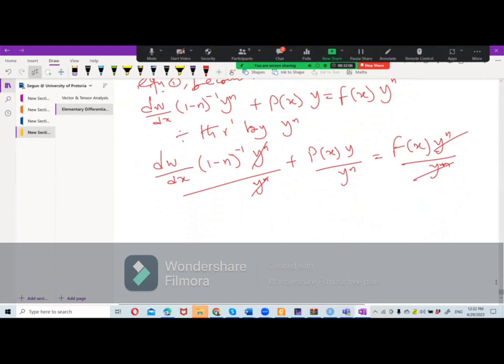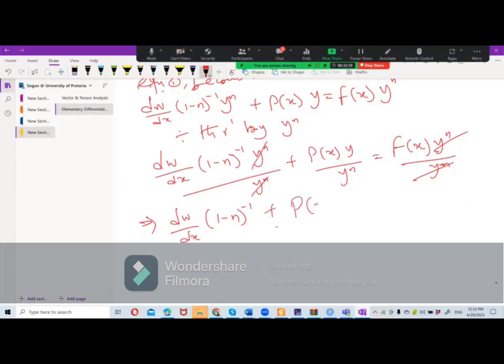So what is remaining there is what? The dw/dx into 1 minus n, plus p of x, y raised to power 1 minus n, is equal to f of x. Any question? No question.